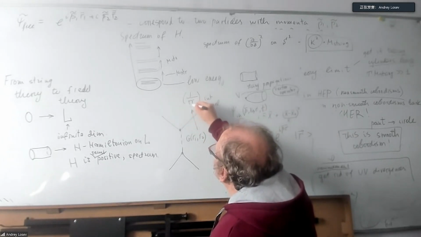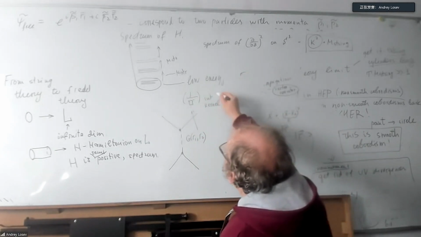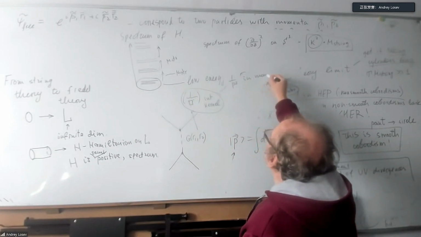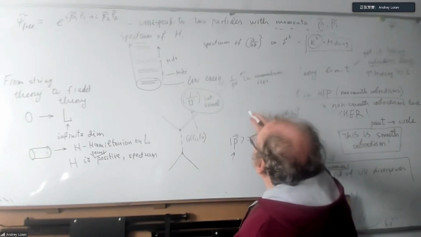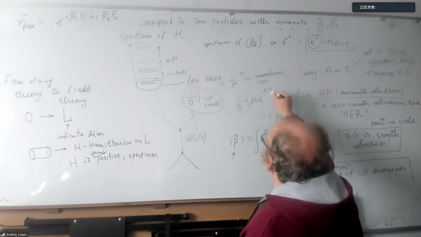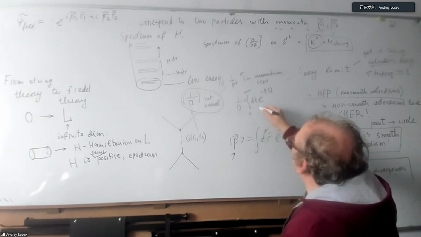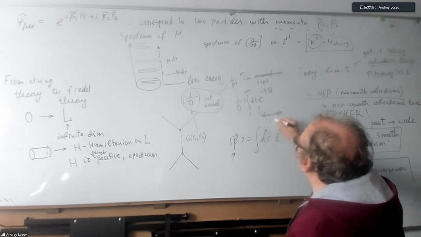So 1 over the Laplacian. Now, it's interesting to note that this thing is 1 over p squared in momentum representation. However, this is the following. And this is called the Schwinger representation.